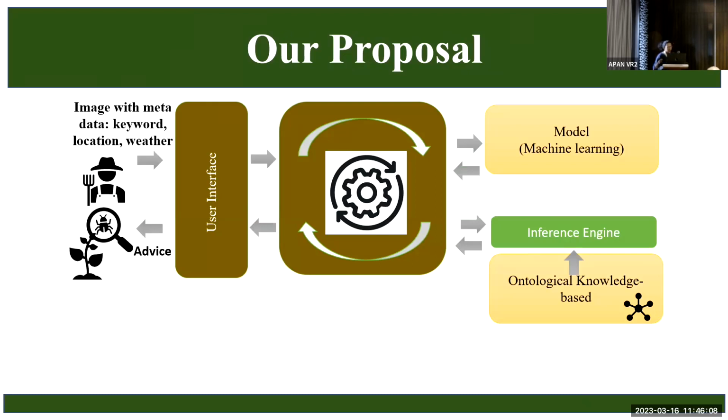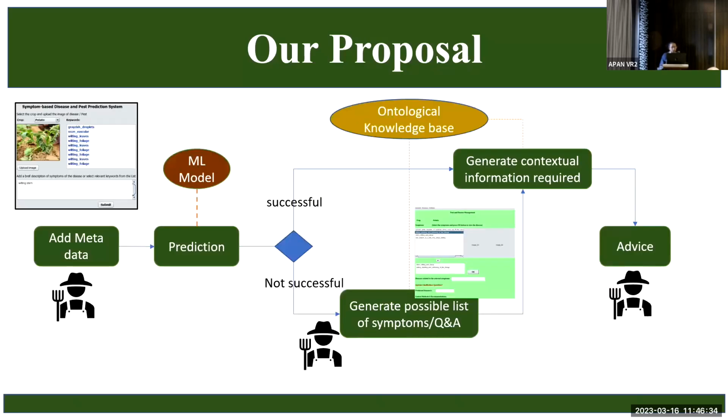With the machine learning model, we haven't yet planned what kind of model we are going to propose. We still have an idea: we want to apply the machine learning technique together with the ontology. So we thought to use the machine learning model and our knowledge base to provide prediction and advice to the farmers. This is the simple abstraction process.